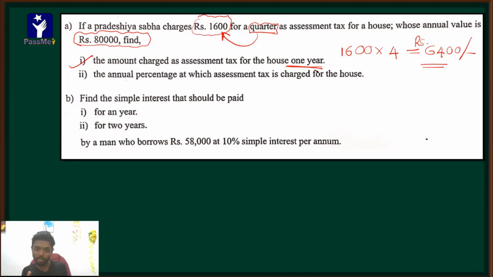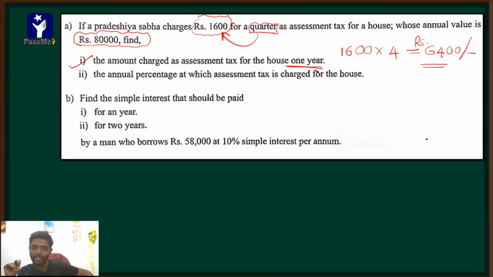We found 6,400 as the value we have to pay the government, but we have an 80,000 house.